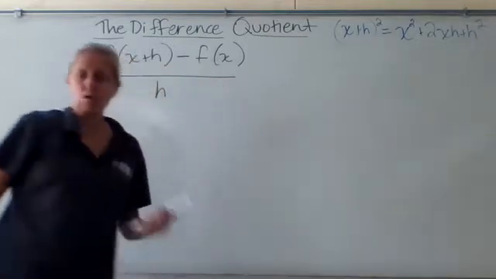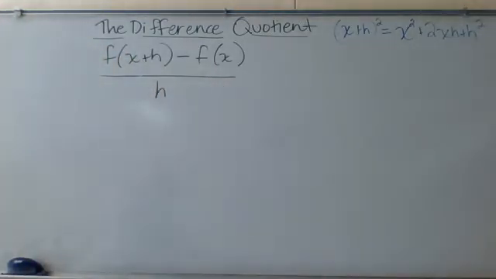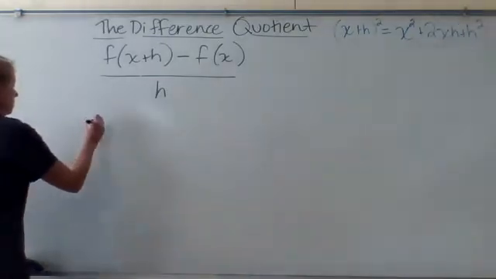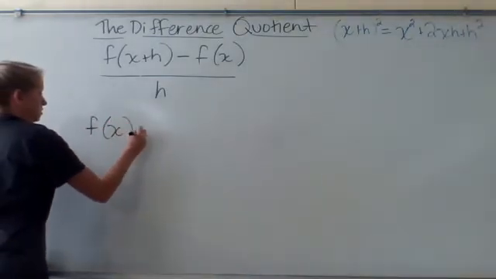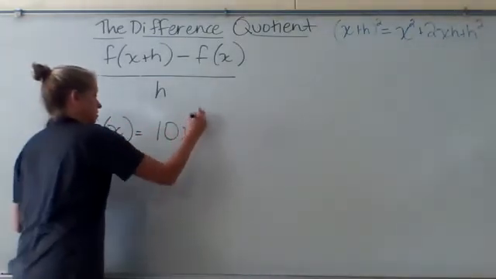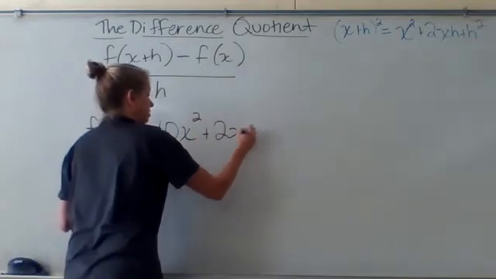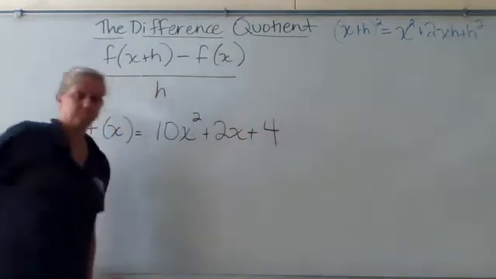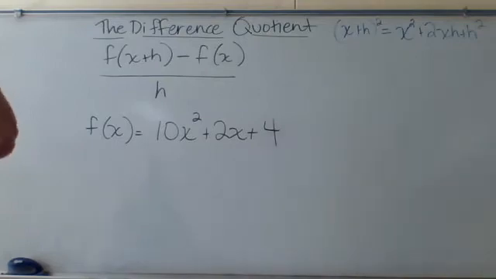Okay, let's look at number 4. Number 4 has f of x equals 10x squared plus 2x plus 4. All right, this one has a little more work.